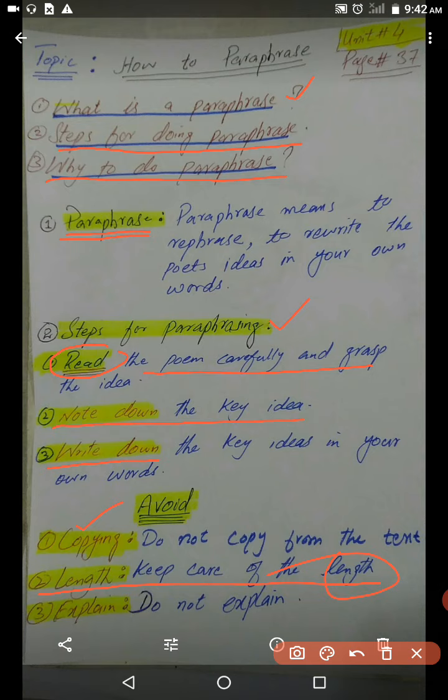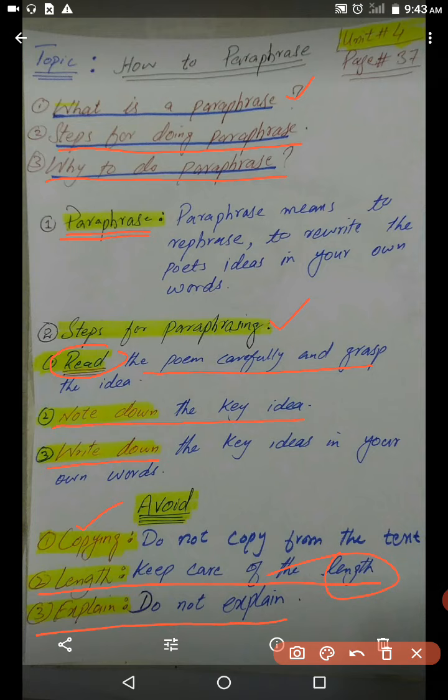And the third thing, which is very, very important, do not explain. Because there is also a question in your paper, that is explanation with reference to the context. So during the explanation, you can give your personal point of view, your personal thinking, and your personal idea. But in doing paraphrase, you are not supposed to give your point of view.